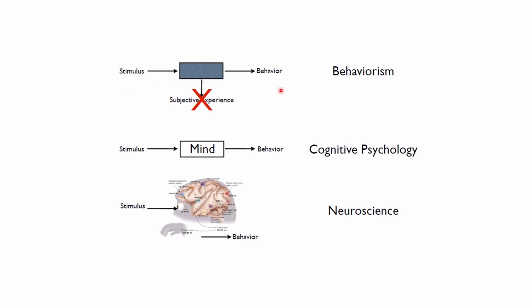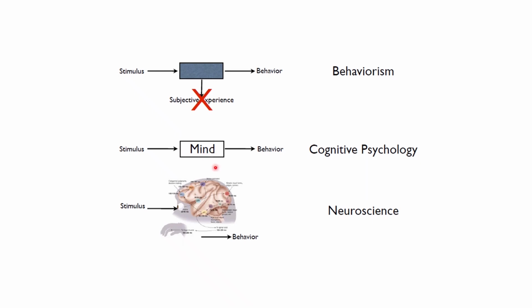That is one approach. Now the same phenomenon of stimulus to behavior mapping was studied by cognitive psychologists by explicitly considering the mind, and they made models of the mind with different attributes, different features. So the mapping depends not only on what stimulus is coming, but it also depends on the current state of the mind and how the mind functions.